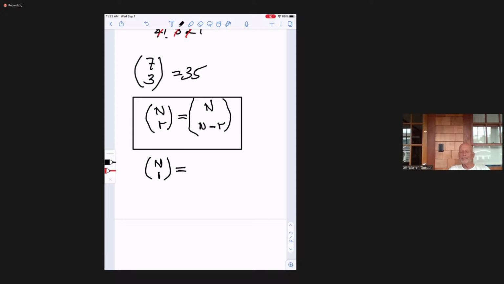If I have n people, how many committees of one can I choose from n people? If I have 17 people, how many committees of one are possible? 17.